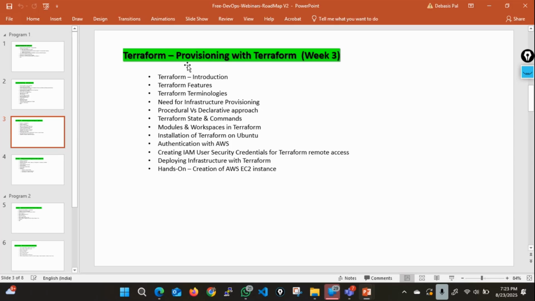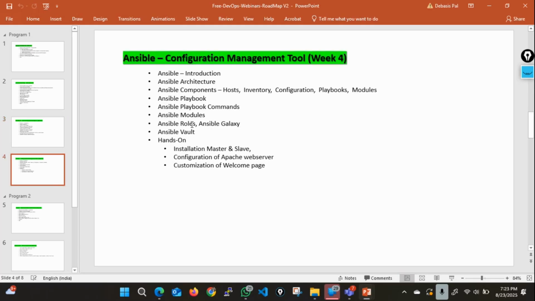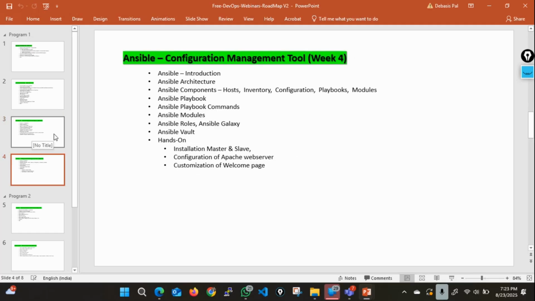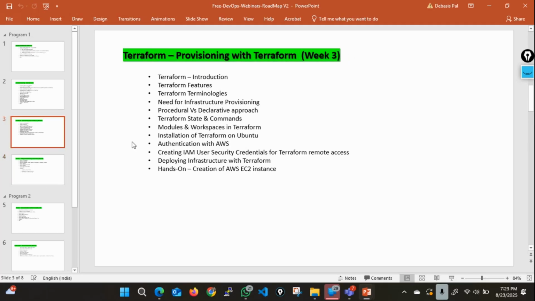Terraform is a provisioning tool of DevOps. That will be in the third week, followed by Ansible. You can say they are twin sisters. Whichever company is using Terraform is definitely going to use Ansible most of the time.